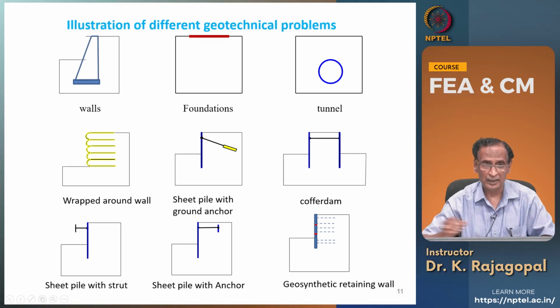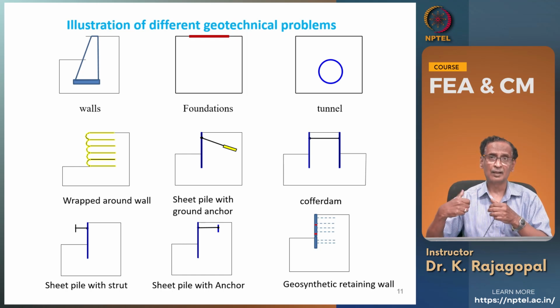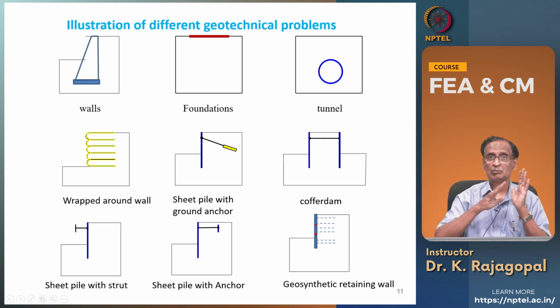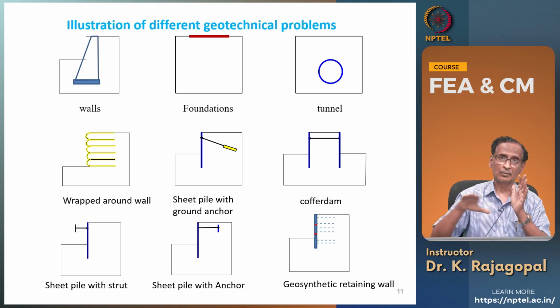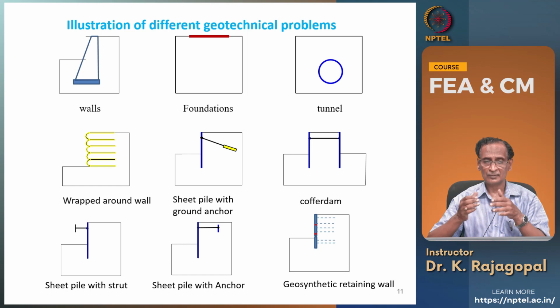Then we have an anchor plate, so that we get some additional lateral load capacity for the retaining wall. Or we may have some geosynthetic retaining wall, wherein we have some facing, and that is connected to some layers of geosynthetic reinforcements, so that we can build a vertical soil slope.